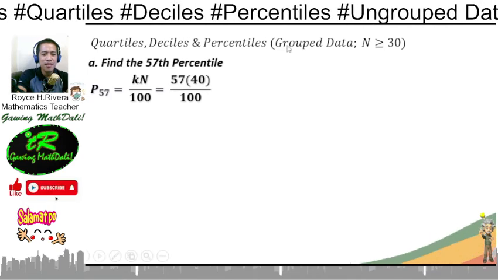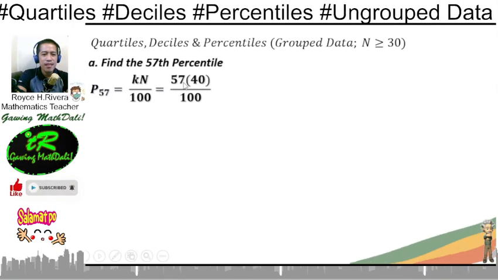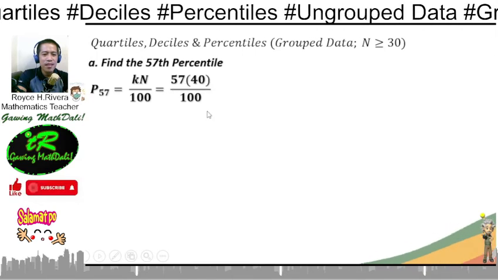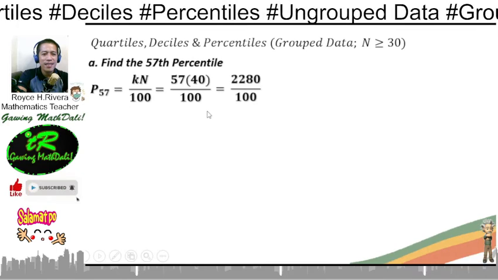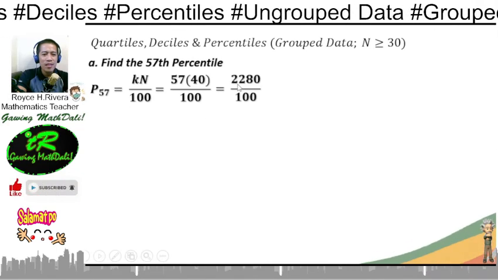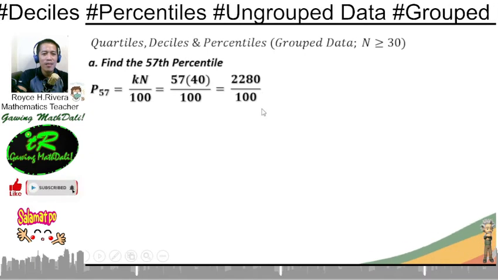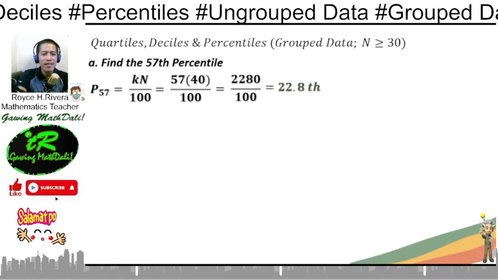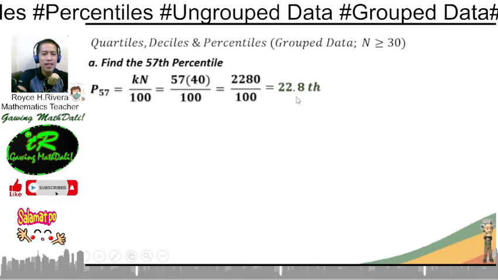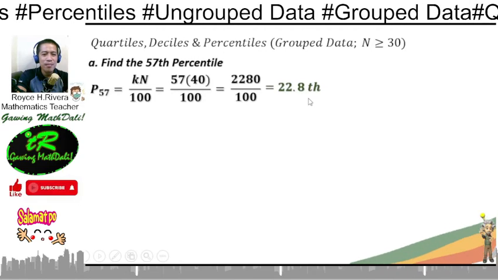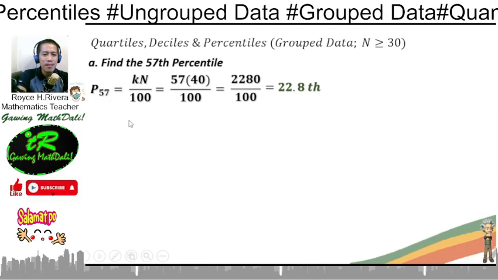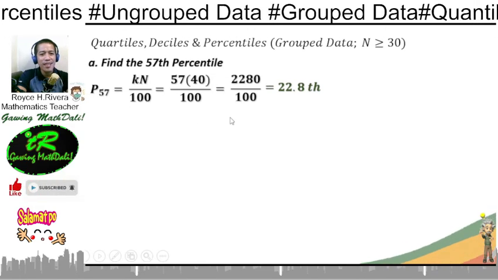So by substitution, 57 times 40 all over 100. And that is equal to 2,280 all over 100, which is equivalent to 22.8. So this is the position of the 57th percentile.